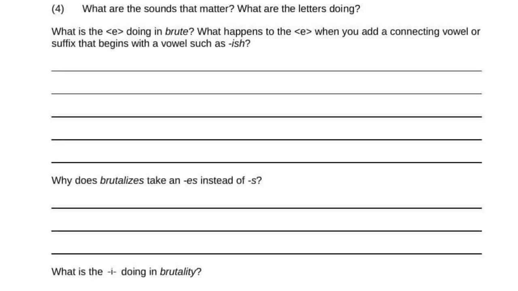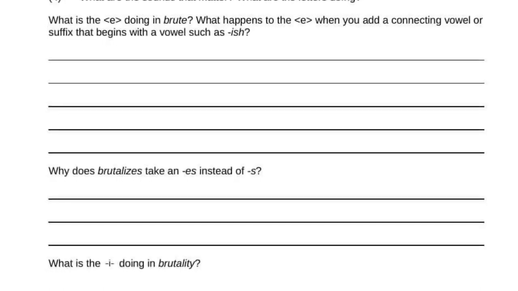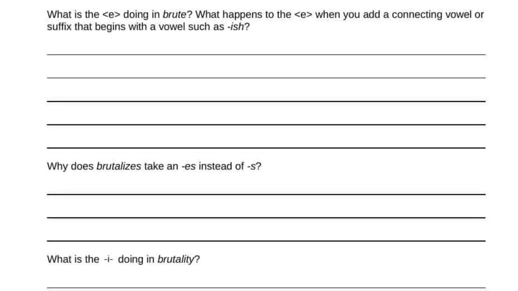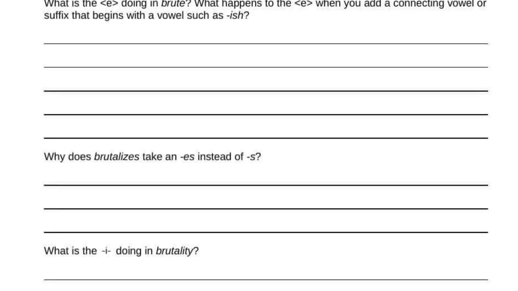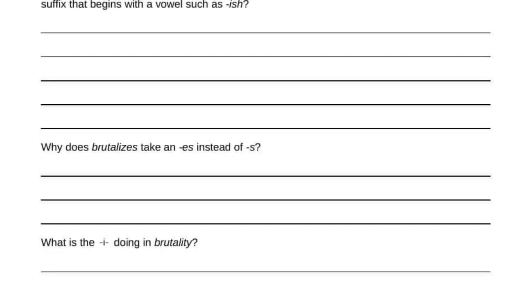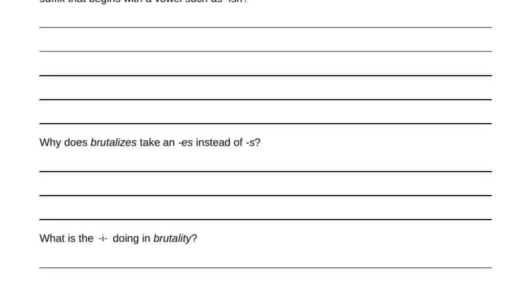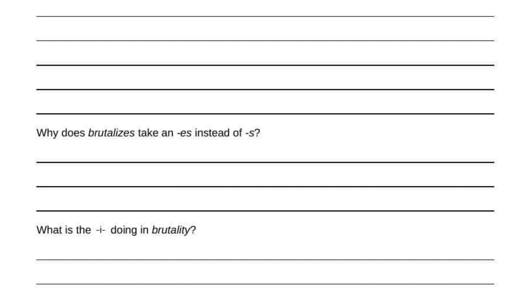Activity 4 answers the questions, what are the sounds that matter, and what are the letters doing? The student finally looks at the sounds and letters in the base and its morphological relatives. For example, one of the questions in the 4th activity for the base brute asks, why does brutalizes take an ES instead of S?